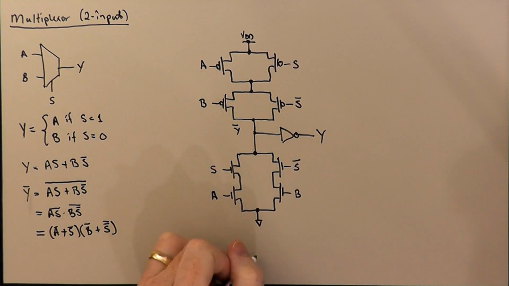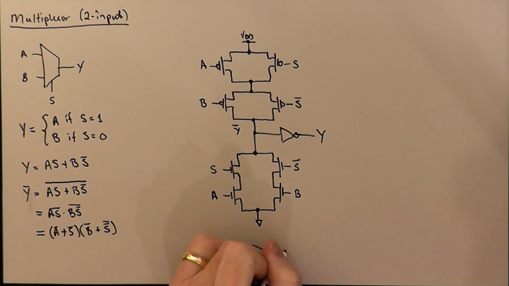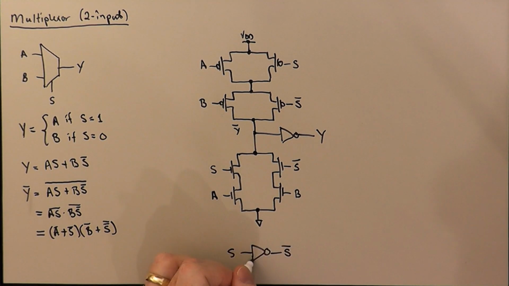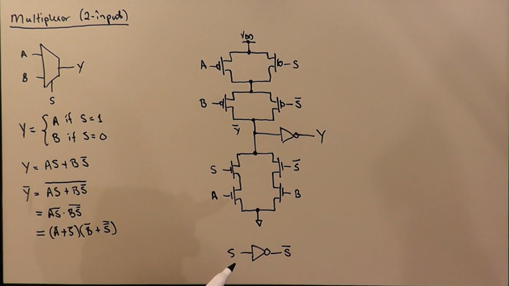We're going to have an inverter here to generate S bar from S. And so this is a reasonable CMOS implementation of our two-input multiplexer.